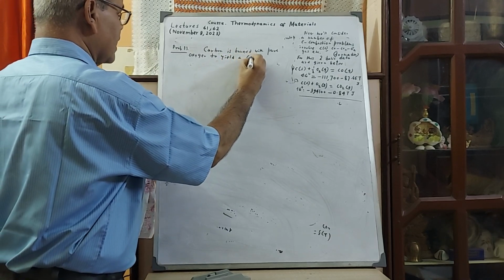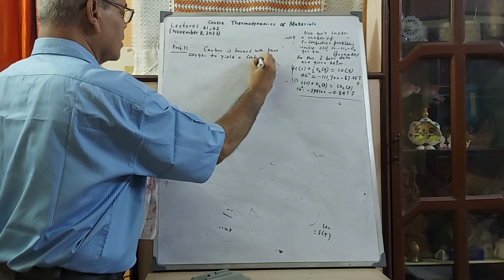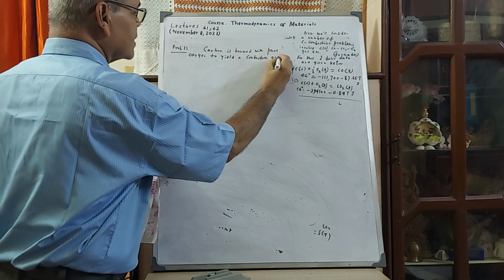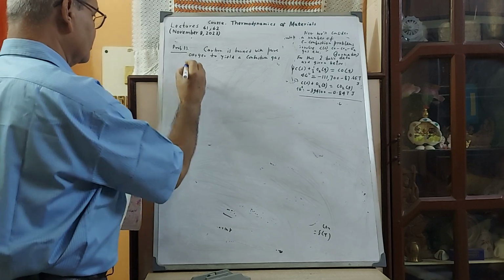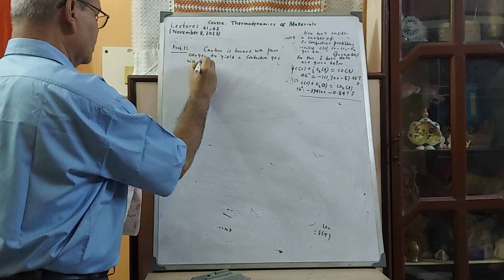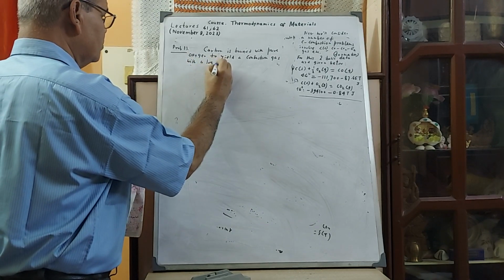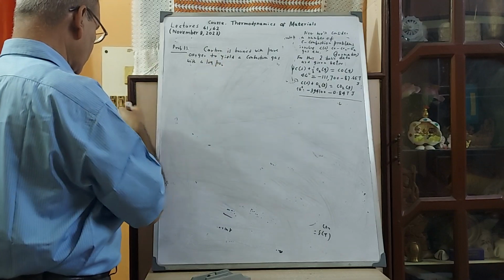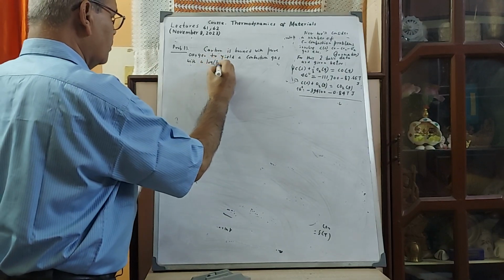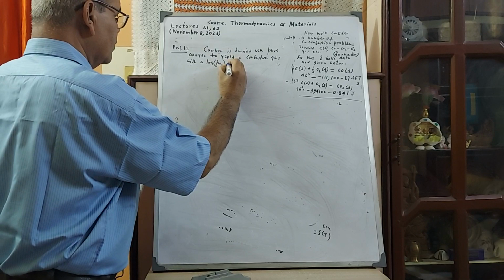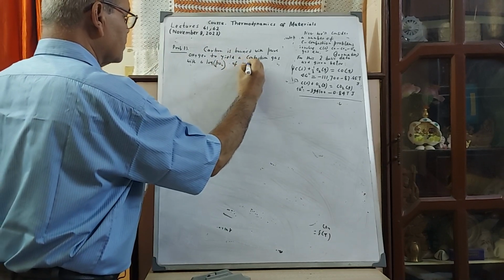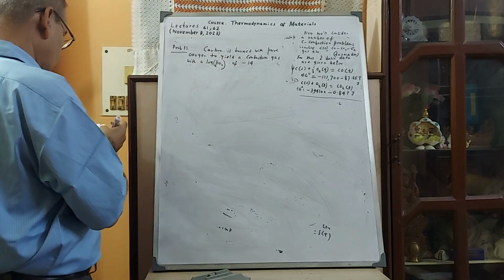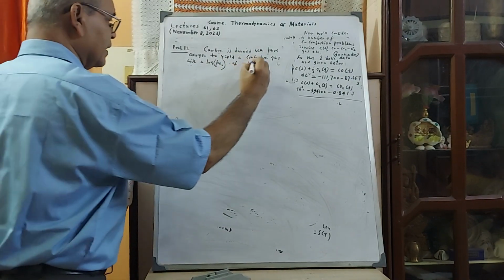Burn means combustion gas, that is with a log PCO2 over PO2 of minus 14 at 1300 Kelvin.